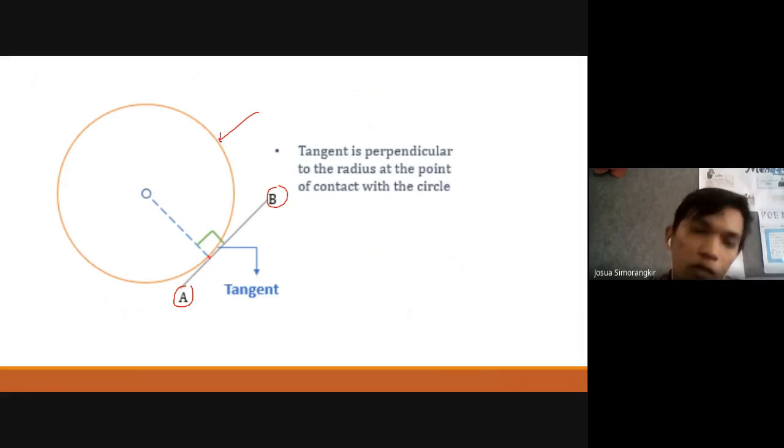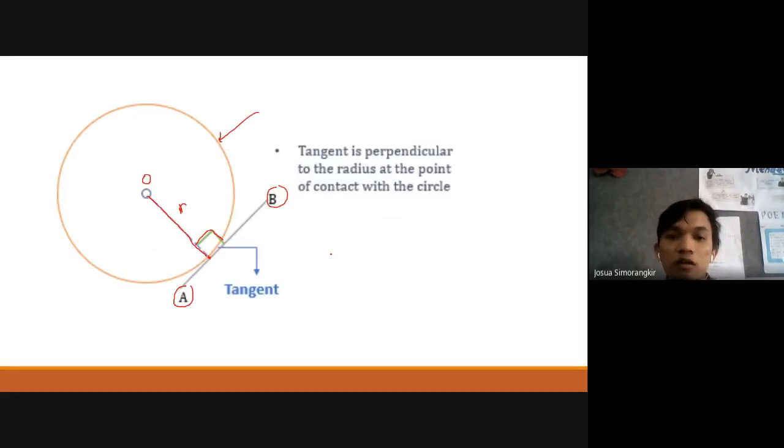Similar to the previous properties of chord, if we draw a line from the center, let's say O is the center, to the line which contacts the circle, these two lines will be perpendicular. The first line is of course the radius of the circle, and the other line will be perpendicular, meaning it has a 90 degree angle.